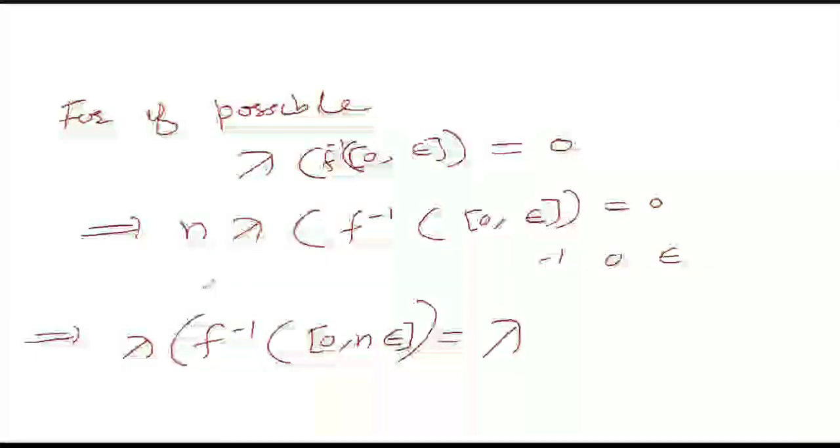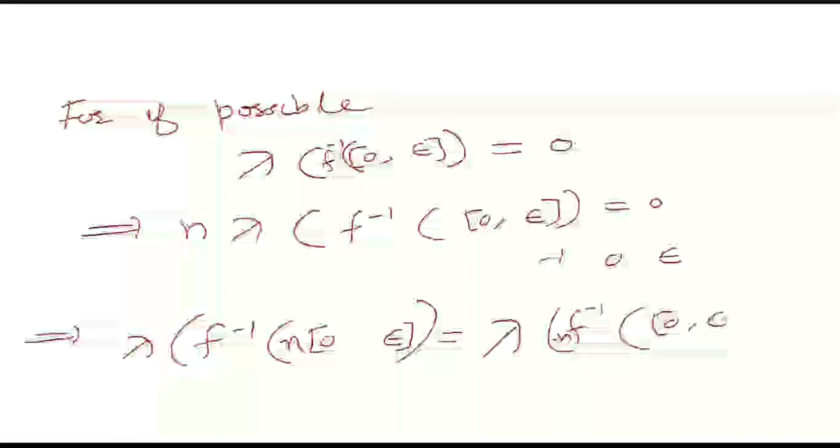So first it's n times this, and this is the same as the Lebesgue measure of minus n times f inverse 0 to epsilon equal to 0.